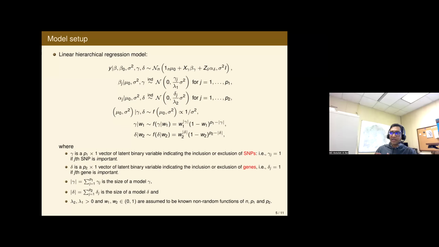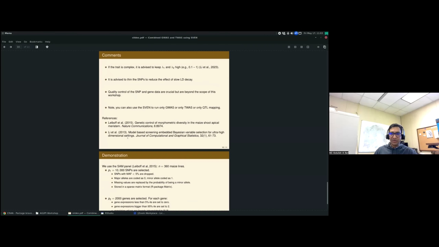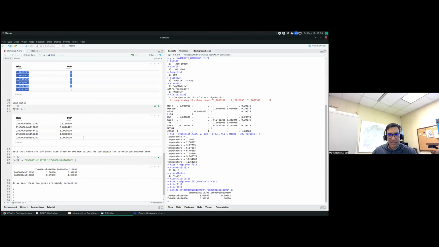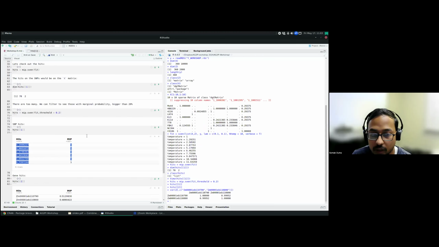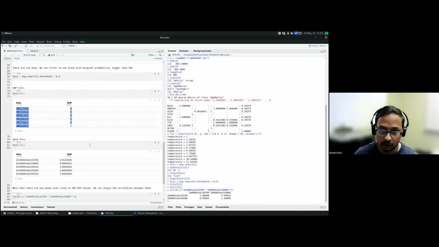And in your combined analysis, when you are combining GWAS and TWAS, how does that temperature add value to it? I missed that part. Oh yeah, it has to do with the stochastic shotgun search algorithm that we employ. So there are lots of models, right? There are actually 2 to the power P1 times 2 to the power P2 many models. Now, most of these models are not important.